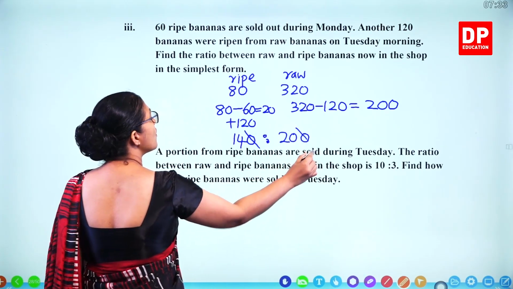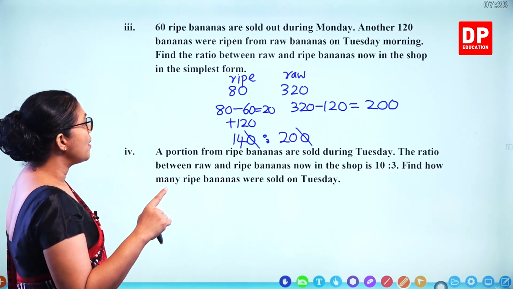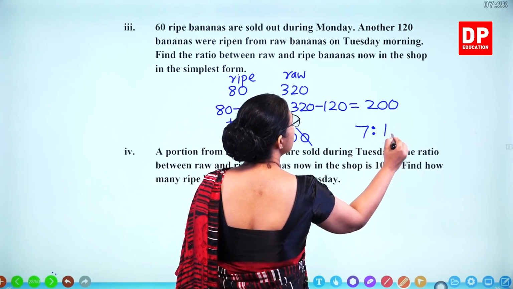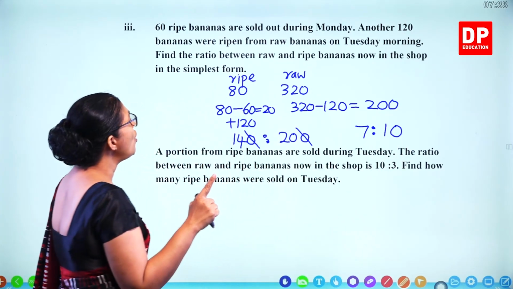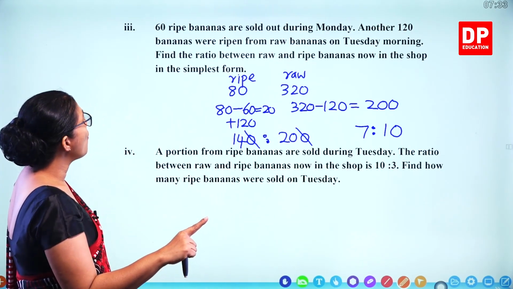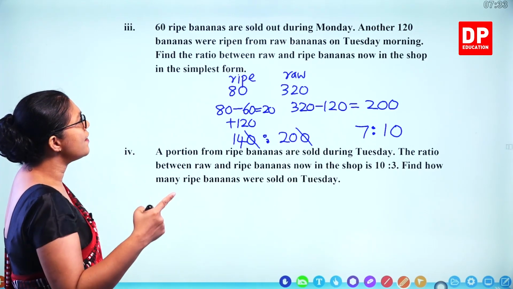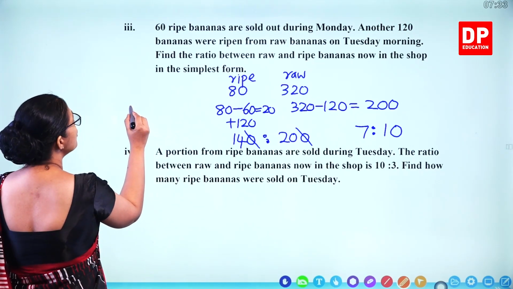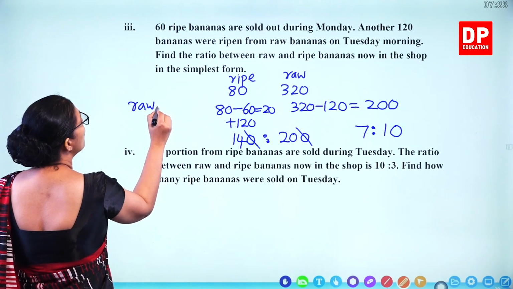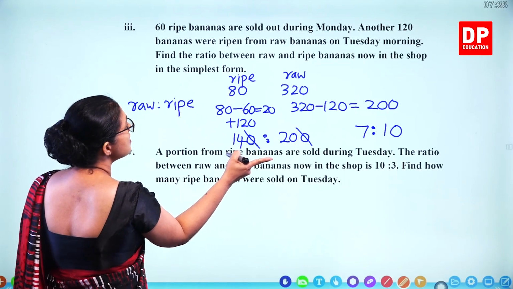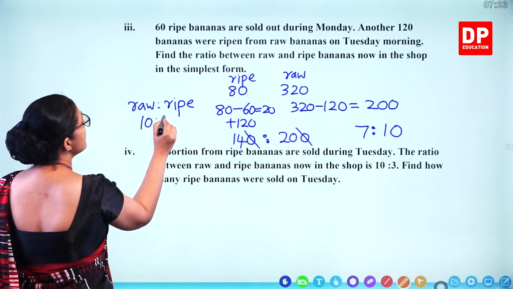So 0 get cancelled out, divide by 2, 7 and 10. 7 to 10 ratio, ripe ones to raw ones. And it says find the ratio between raw ones and ripe ones. So raw to ripe ones, other way around. Raw ones 10 and the other one 7, so 10 to 7.